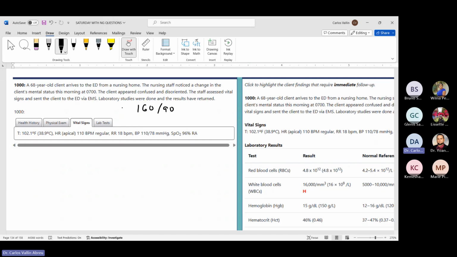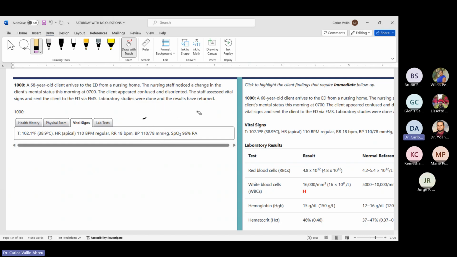So if this client usually was 160, in a supposition, and now has 110, that is a drop of the systolic of 50 millimeters of mercury, and this is too much. So the interpretation of this blood pressure in a real life clinical scenario needs to be taken with a grain of salt, because you need to know the client's usual blood pressure.